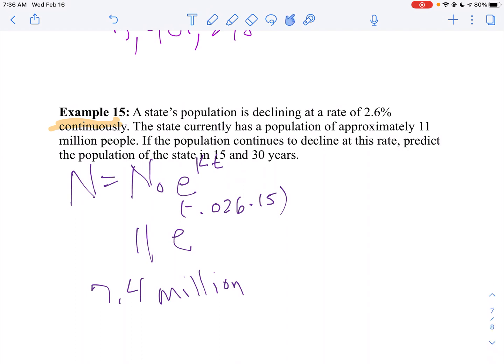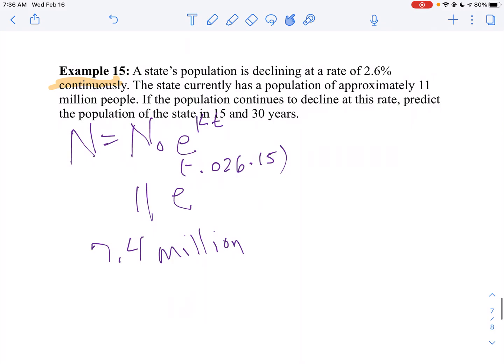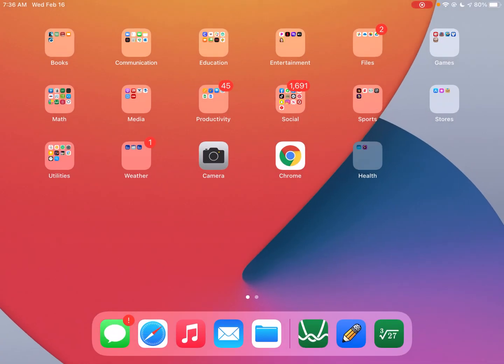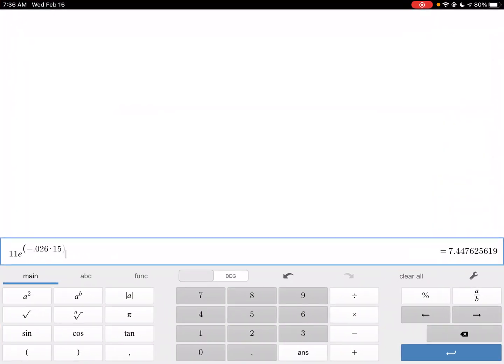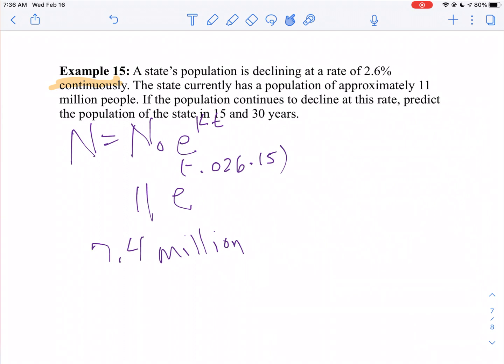Compare that to not continuously. It's pretty darn close, isn't it? If I want to actually write that number out, let's take a look at that number. That'd be 7,444,626.